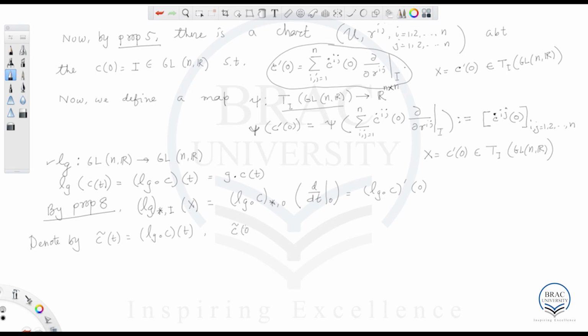C tilde(0) is equal to L_g composed with C at 0, which is L_g acting on C(0) = I, right? So this is equal to g.